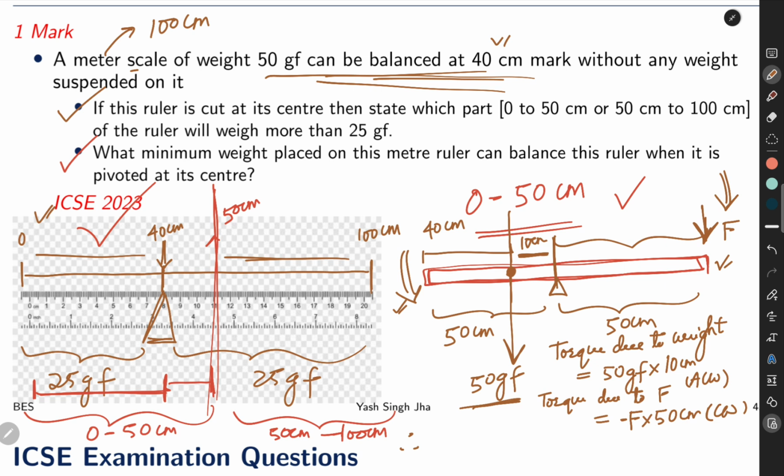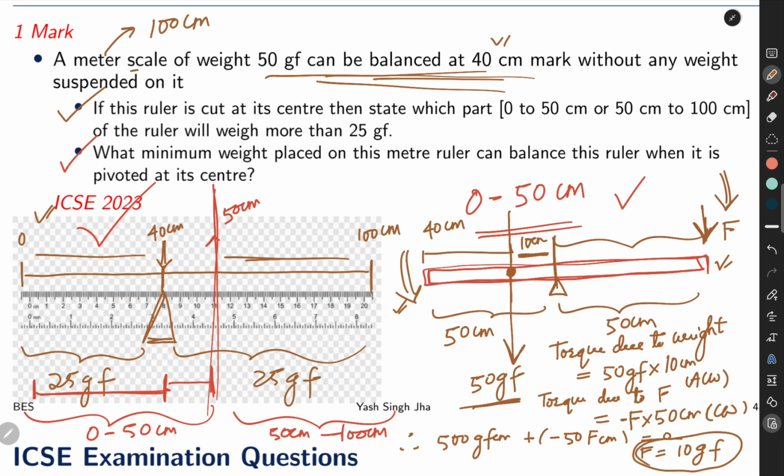So it should be in equilibrium. How do we do it? The sum of all the torques should be 0. There should be no resultant torque. Let's do it. 500 GF centimeter plus torque due to F, which is minus 50 F centimeter, is equal to 0, which will give you F is equal to 10 GF.